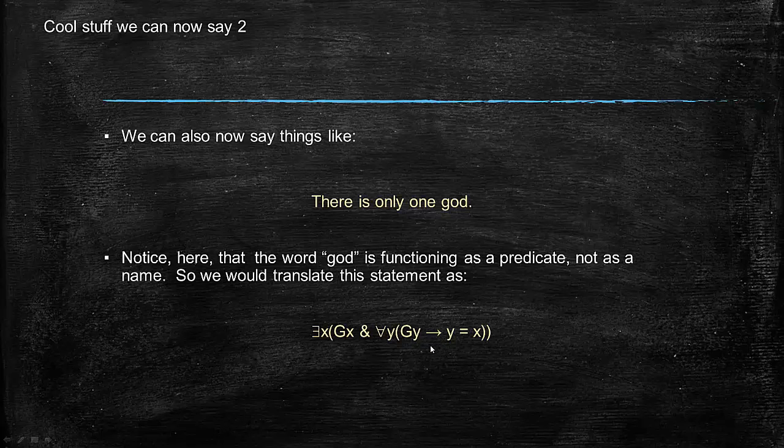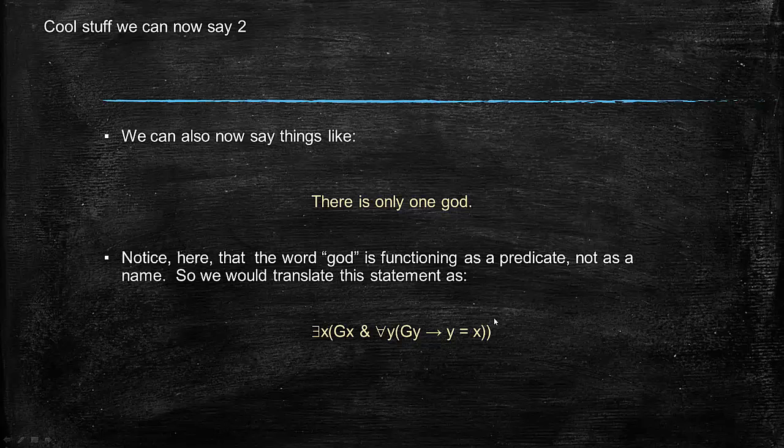And then for all Y, if Y is a God, then Y is identical to X. Put differently, if a different name were introduced for God, then that would be just a different name for that very same thing, like Tony Stark and Iron Man, right? So there is a God, and for all Y, if it's known by another name, then it's really a name for the same God.